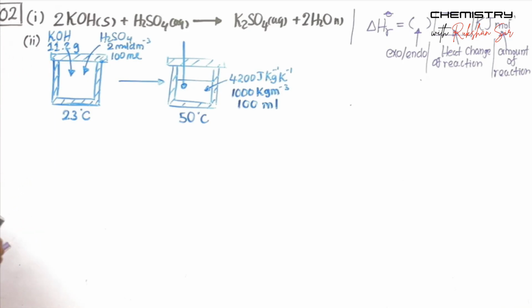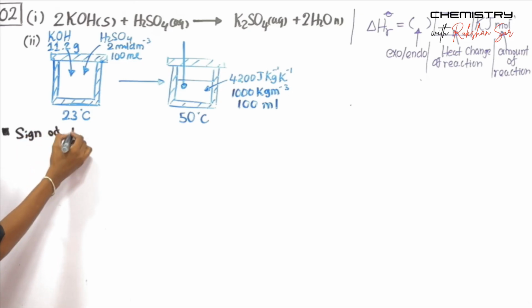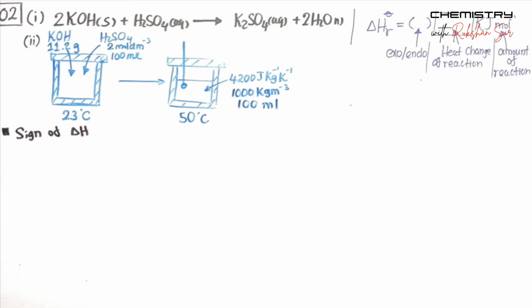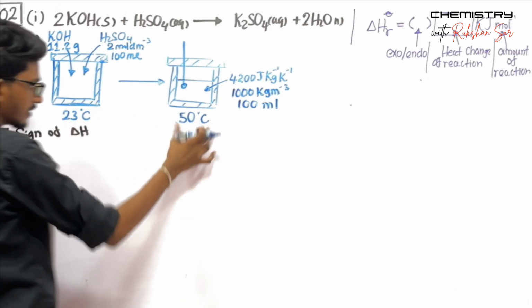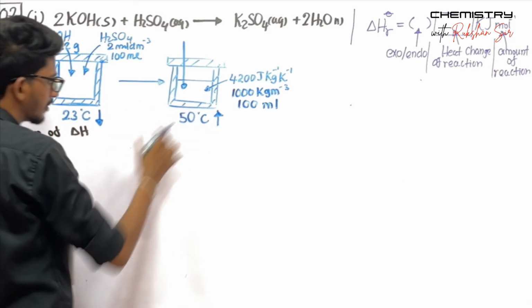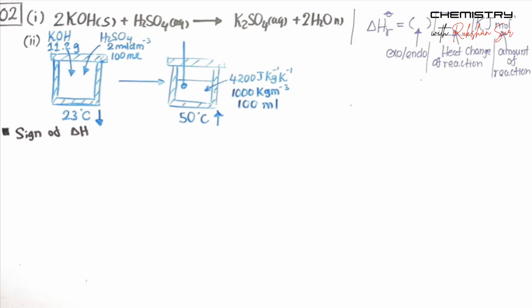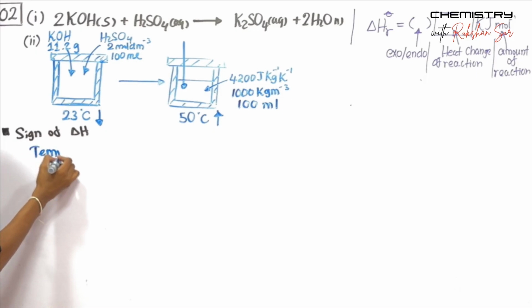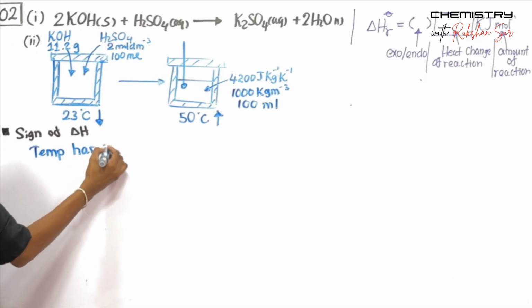So first, let's come up with the exothermic or endothermic nature of this reaction. The first thing is to come up with the sign of delta H. It is very clear the temperature has increased. It is a lower temperature here at the beginning and a higher temperature here. So by the reaction, the temperature has increased.